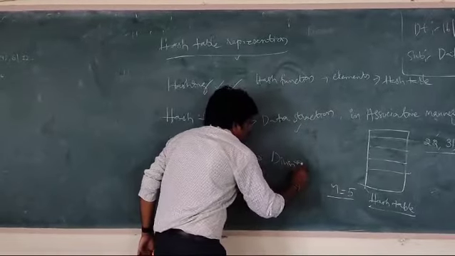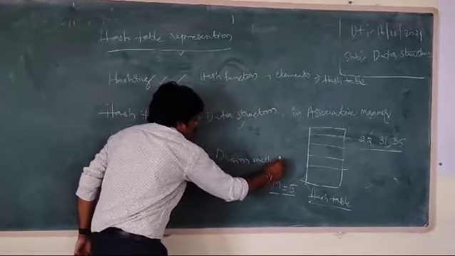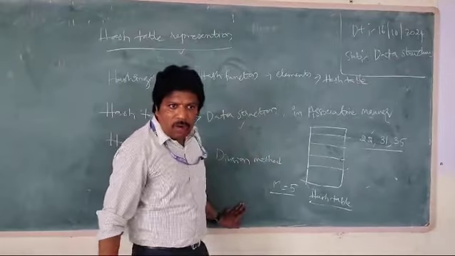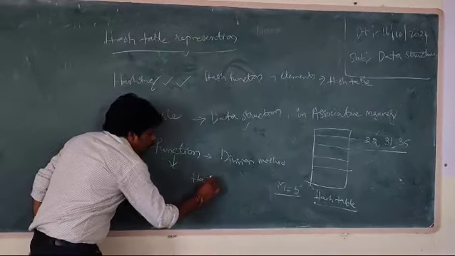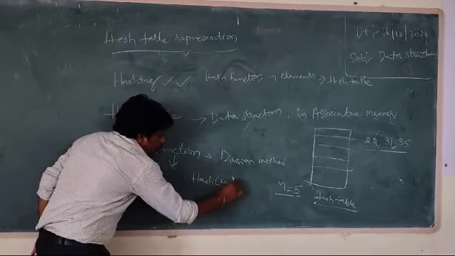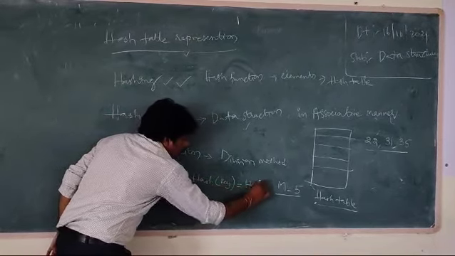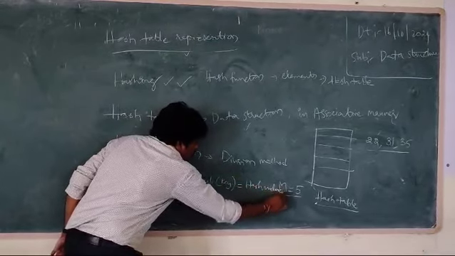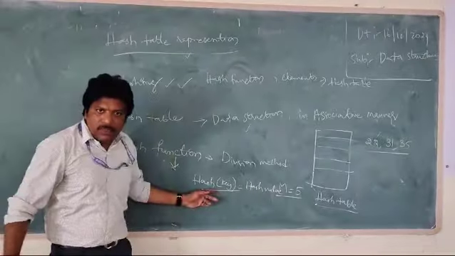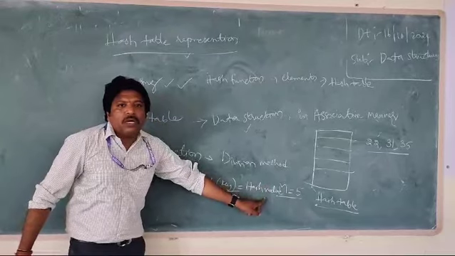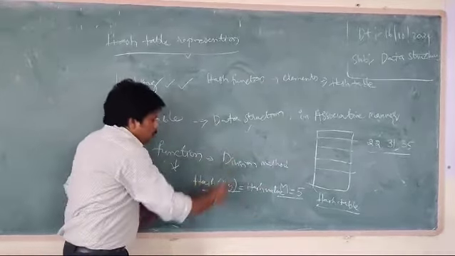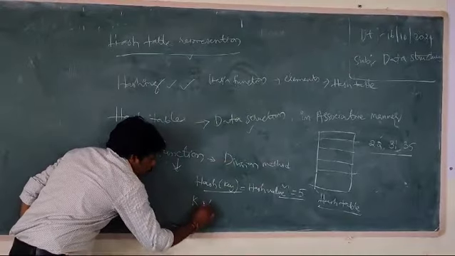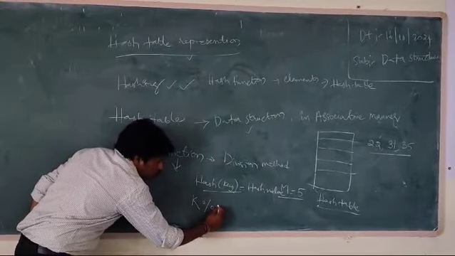Now, how are you going to apply the division method? Here we have to follow one formula. What is the formula? Hash of key equals hash value. When we apply the function, we obtain a hash value. Here it is k mod the size, that is, the modulus of the size of the table.